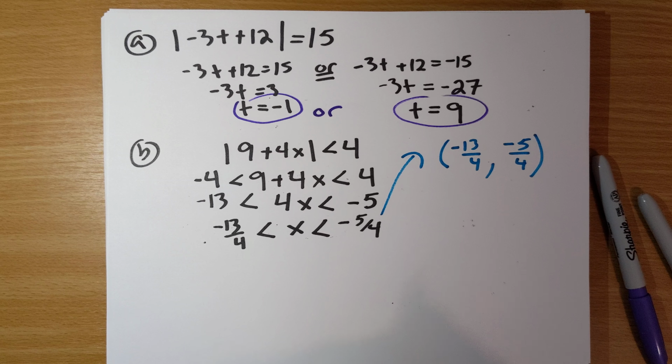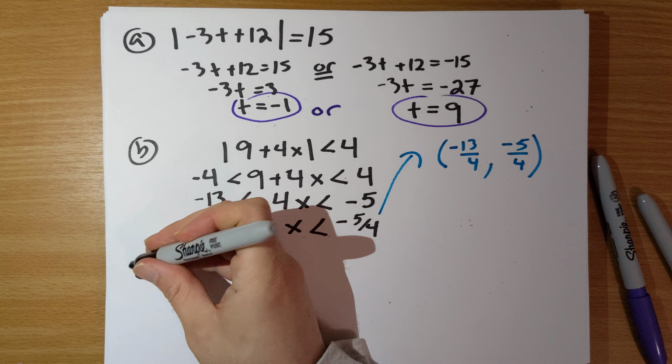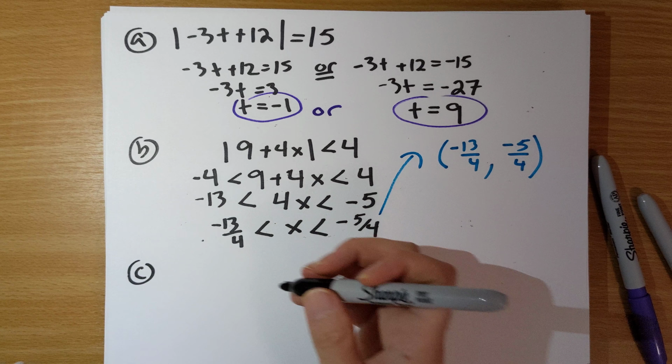Okay, finally, for part C here, we want absolute value of 2 plus 4x to be strictly larger than 1. So this breaks into two cases.